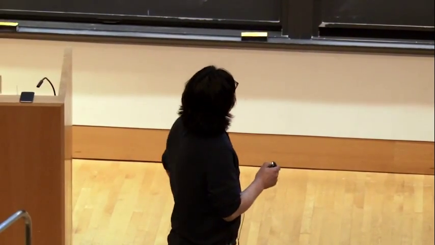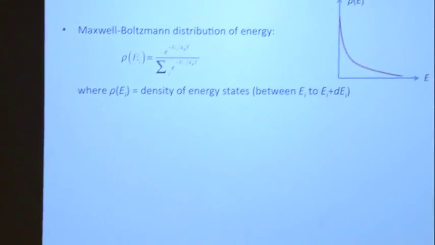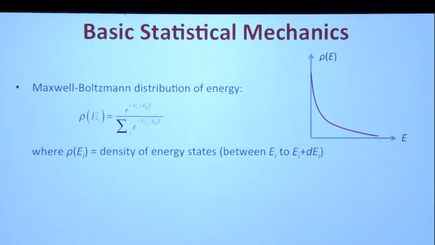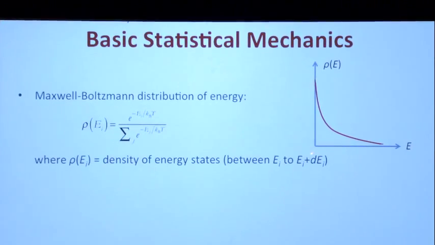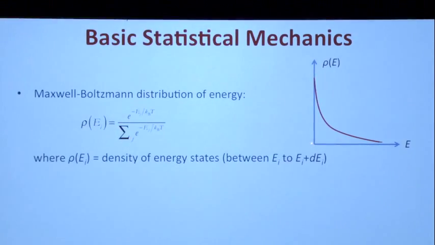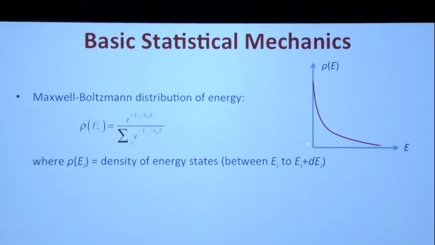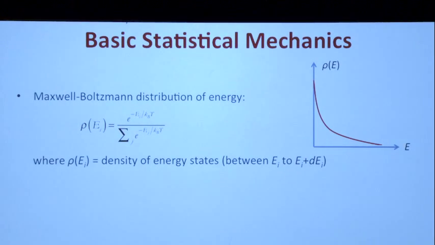So the Maxwell-Boltzmann energy distribution assumes that this is an exponential decay function, namely, most of the molecules would have the lowest energy possible. And as you move up the energy ladder, the number of molecules having high energy is fewer and fewer. All right.